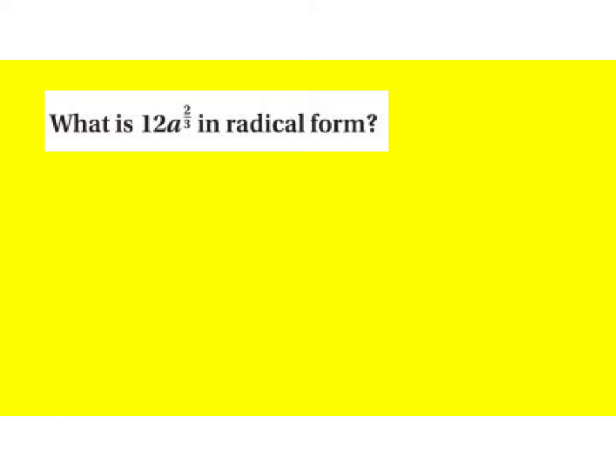So here we have an expression that is in exponential form with a rational exponent. The 12 that's hanging out front doesn't mean anything. That's 12 times something. So I'm going to put the a here. I'm going to create a radical. Remember, the number up top is the exponent, not the index. I keep saying that wrong, I'm so sorry.